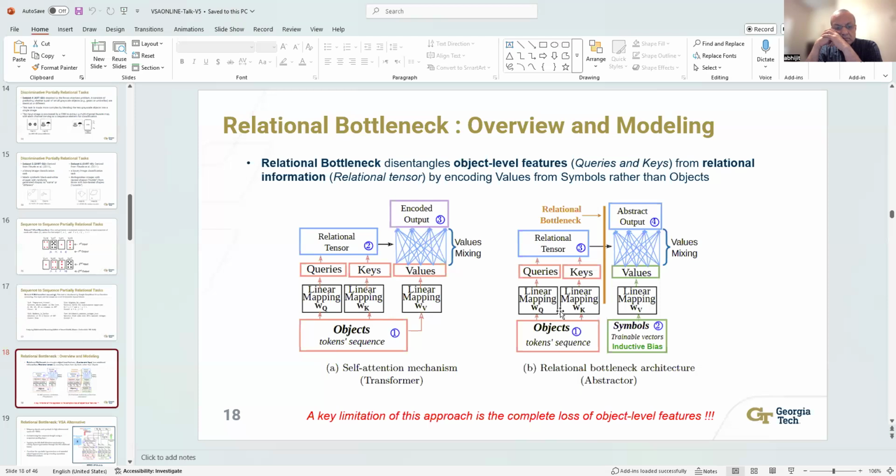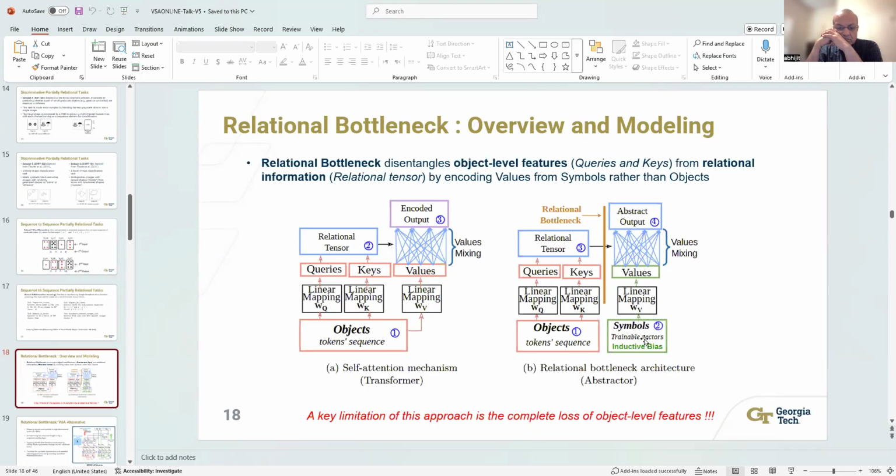On the right, we have the relational bottleneck scheme. So we use the objects to build queries and keys, and then from them we build the relational tensor, but the values are disentangled from the objects. They are derived from independent symbols.